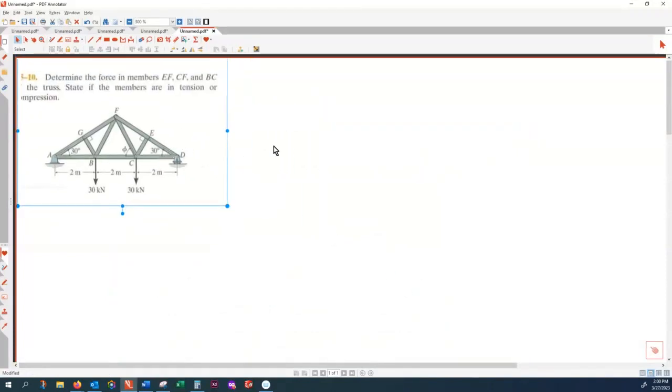Okay, the question is, can I simplify this truss? Okay, which one, Nguyen? Yes, EC is a zero force member. Well done. So according to Nguyen, EC is a zero force member.